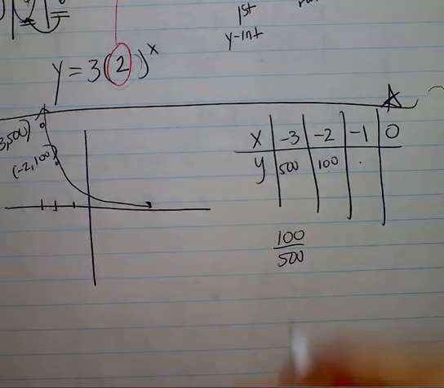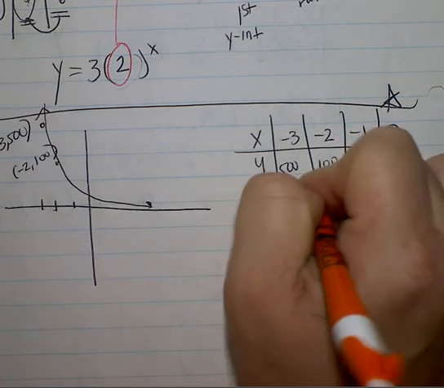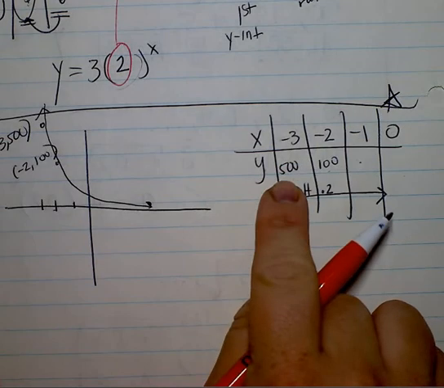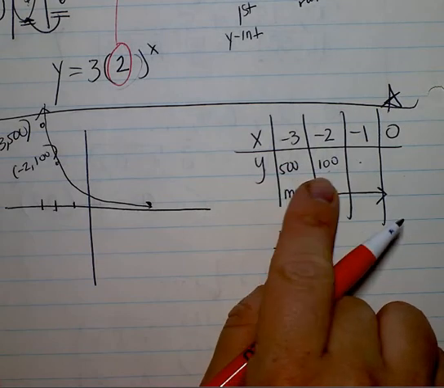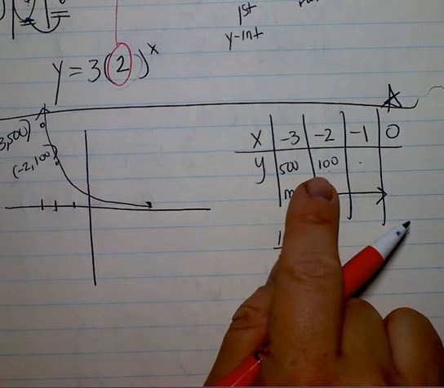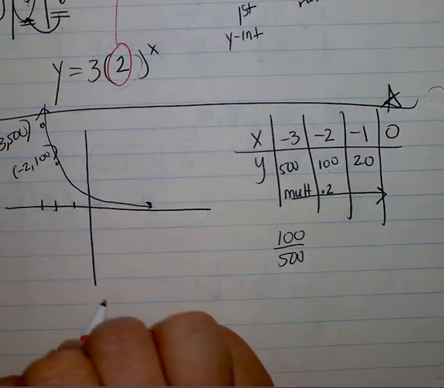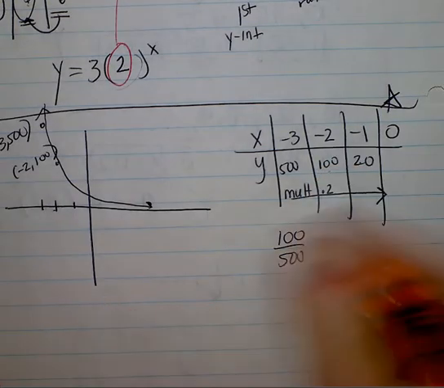0.2. So what that tells me is if I move to the right, I can multiply by 0.2. Let's try again. Please, we need to check it out. Take 500 times 0.2. Do you end up with 100? Yes? Take 100 times 0.2 and you end up with? Take 20 times 0.2 and you end up with? Okay, why do I stop?